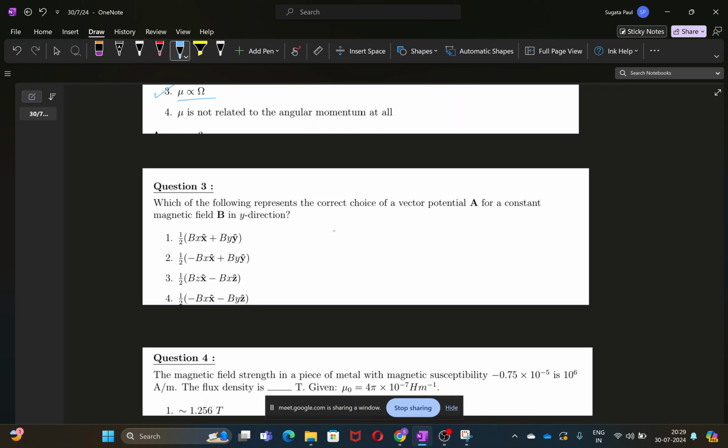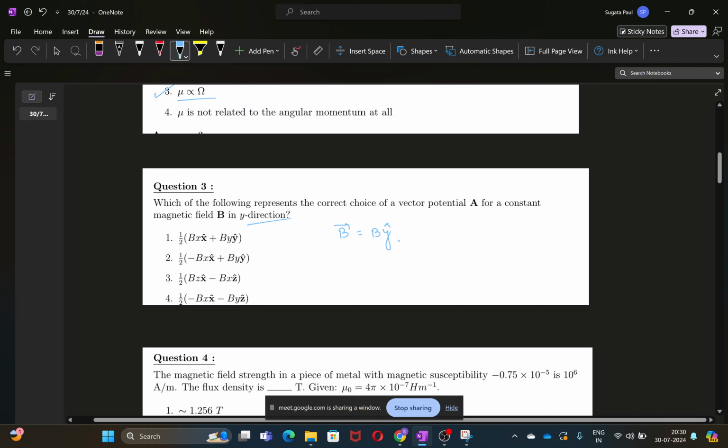You are asked to find the vector potential A vector, and the information you are provided with is the magnetic field B vector. Look closely: you are told that the magnetic field B is in the y direction. That means if the magnitude of the magnetic field is B, then B vector is B times y cap, because it is in the y direction.